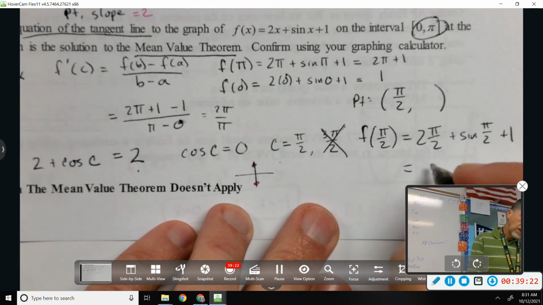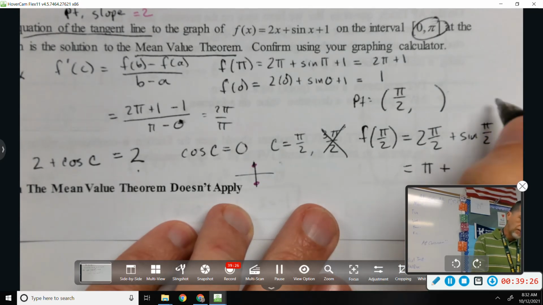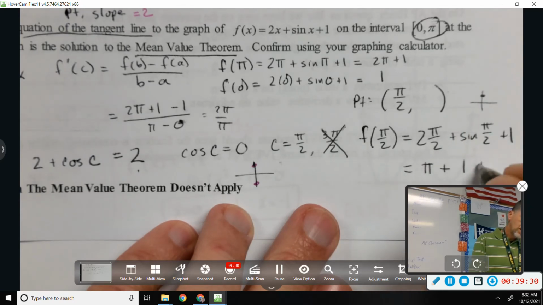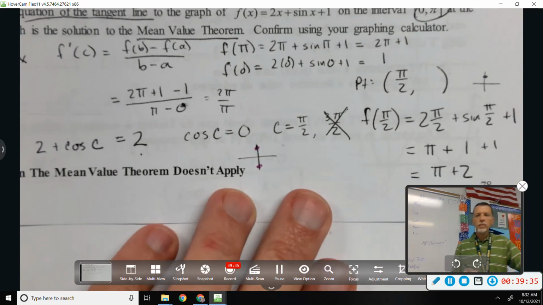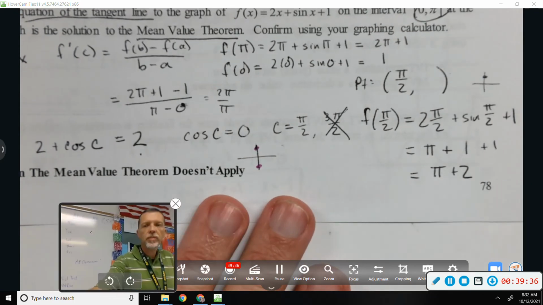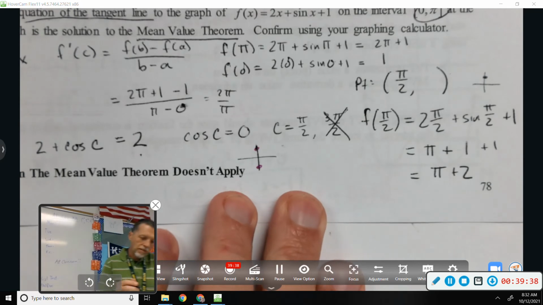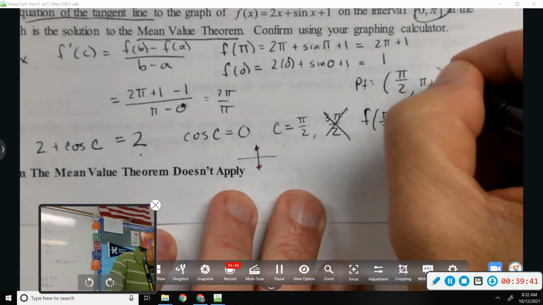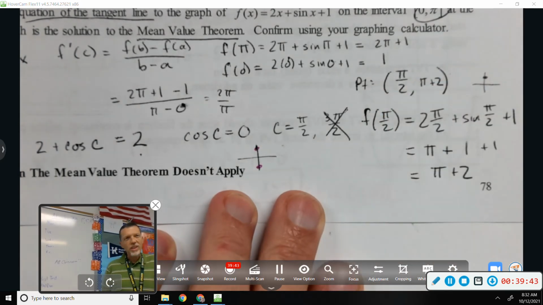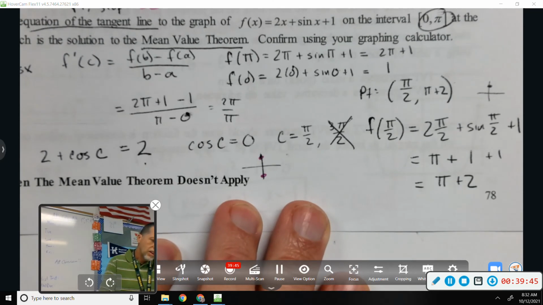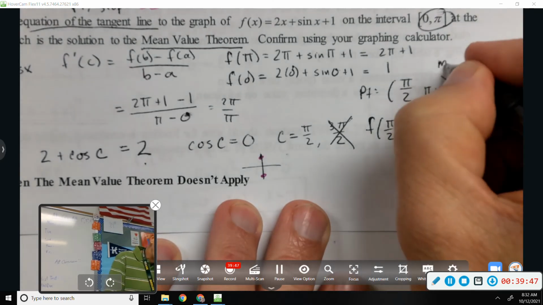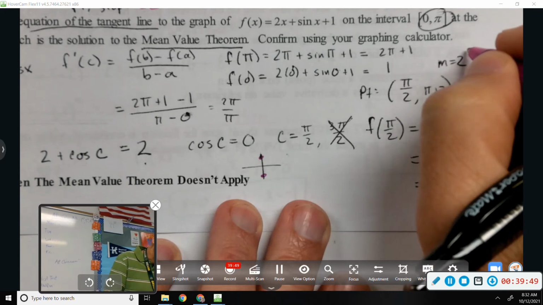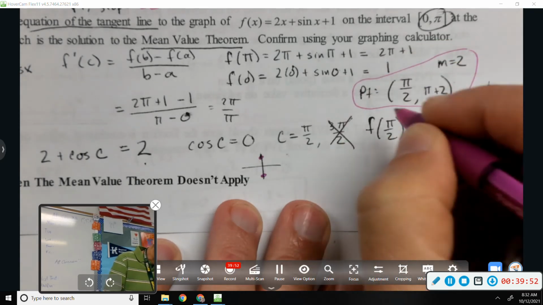So that would be pi plus sine of pi over 2, which is 1. So pi plus 2. That's the y value of the point that we're concerned with. And we already know that m equals 2. The slope was 2. So that's not my final answer yet.